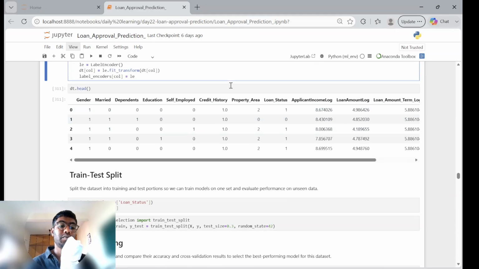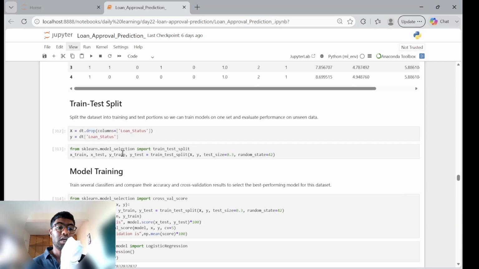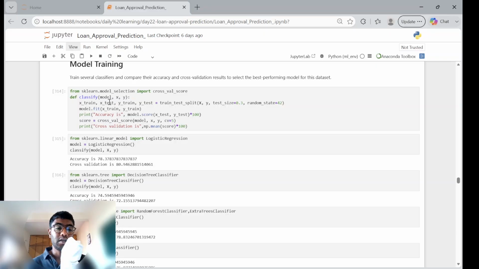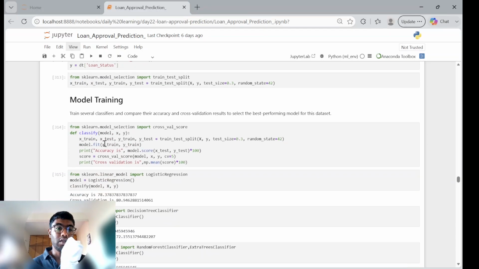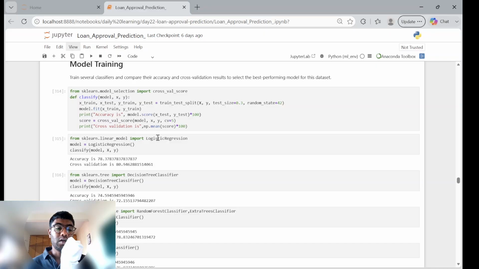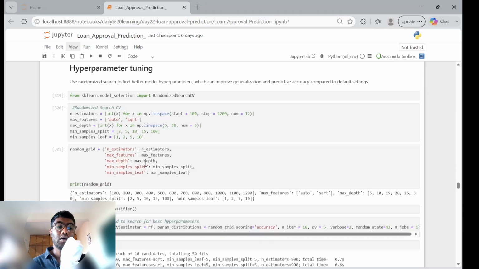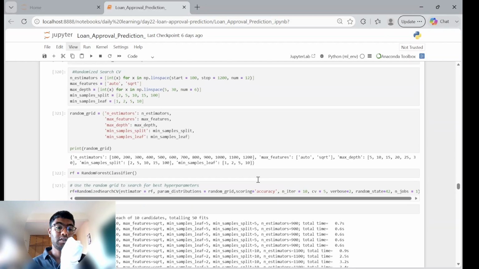And next we start out by splitting our data set into train and test splits and start giving it to the different machine learning models like decision tree classifier, random forest classifier, extra trees classifier, and such things. And then we start hyper tuning parameters to get the best possible settings.